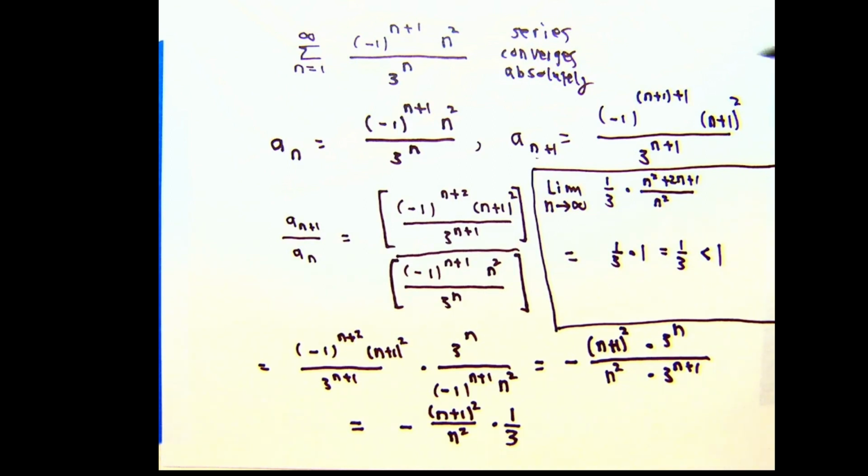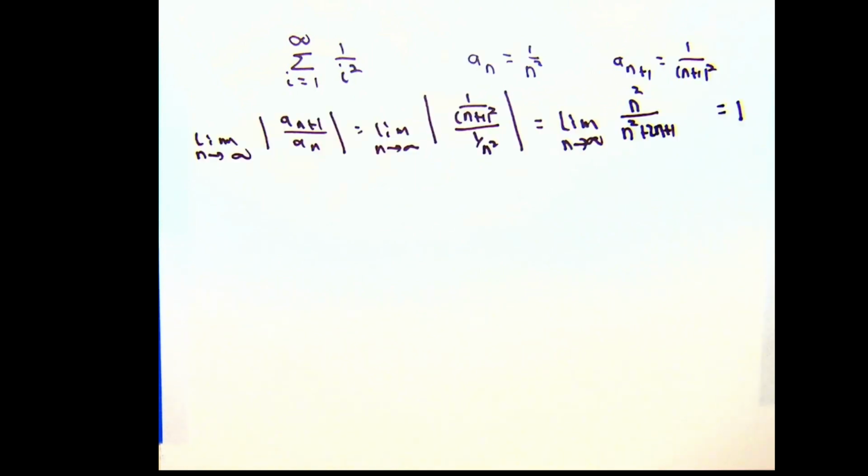It turns out that the limit of the absolute value of a sub n plus 1 over a sub n works out to be 1/3. For this reason, the ratio test tells me that the infinite series in question converges absolutely.